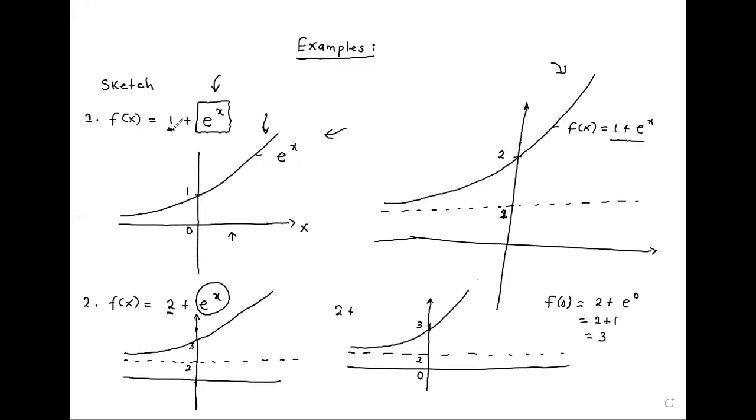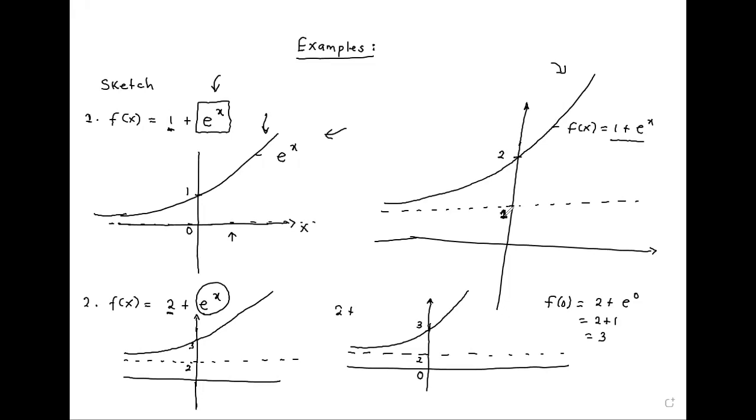The visible numbers that we have are 0 and 1, where 0 is treated as the asymptote. We made mention that this graph will never touch 0, to never touch the x-axis. So what happens when we add 1 to every point of e to the power x? 0 plus 1 will give us a 1.